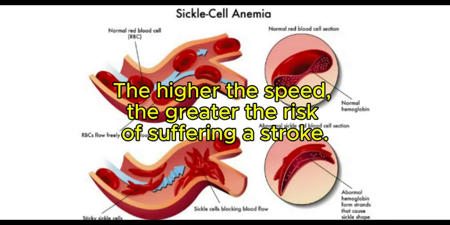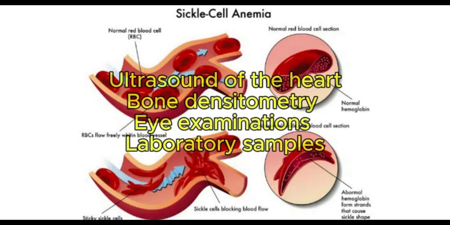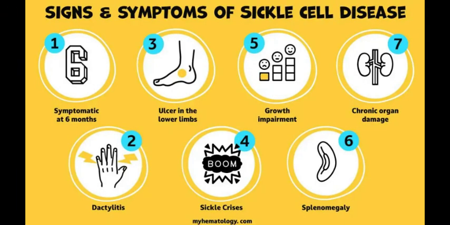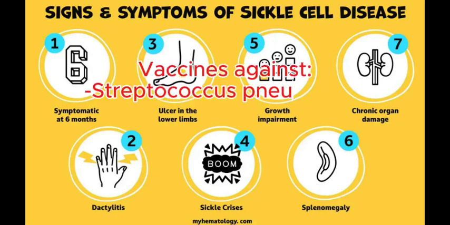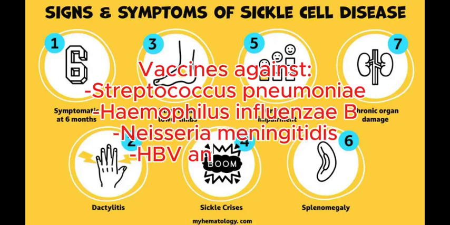Ultrasound of the heart, bone densitometry, and eye examination should also be performed at regular intervals. Laboratory samples showing signs of damage to other organs should also be tested periodically. Prevention of infection: prevention can be attempted with vaccines against Streptococcus pneumoniae, Haemophilus influenzae B, Neisseria meningitidis, HBV, and influenza.